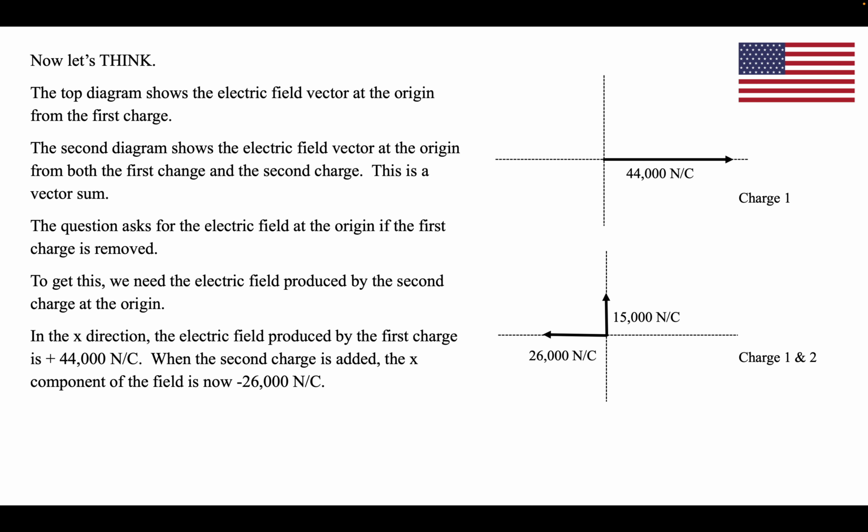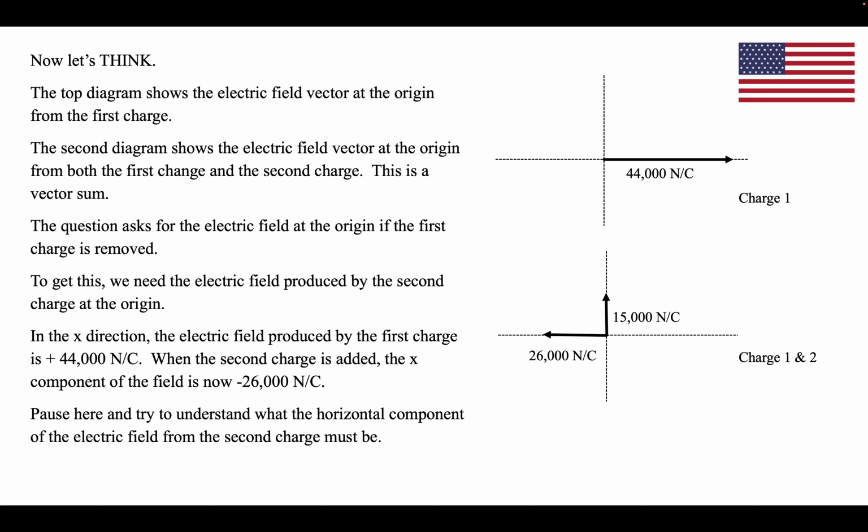In the x direction, we do one direction at a time. The electric field produced by the first charge is 44,000. I put another charge there, and it's now minus 26,000. Pause and think. What's the horizontal component of the electric field from the second charge?